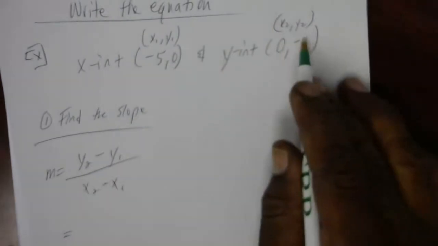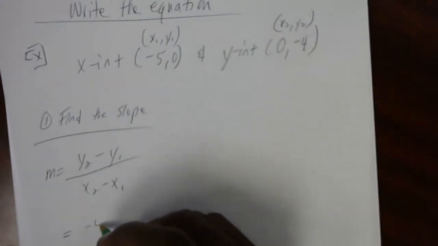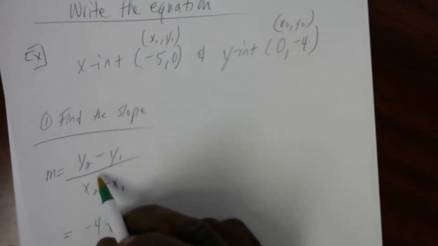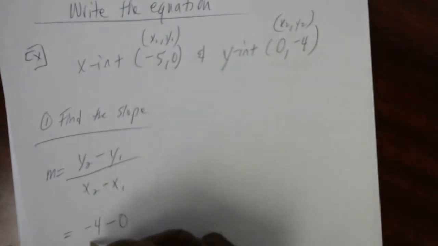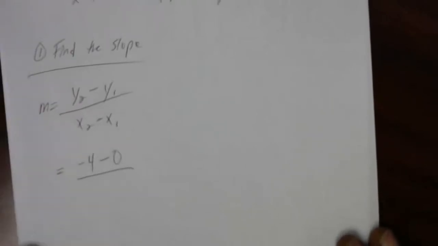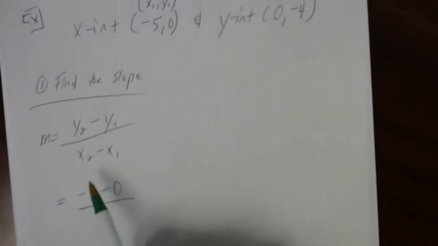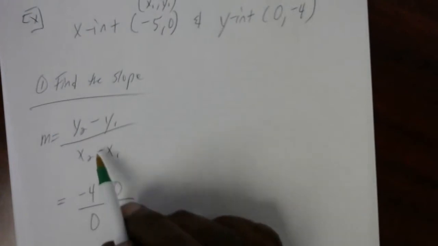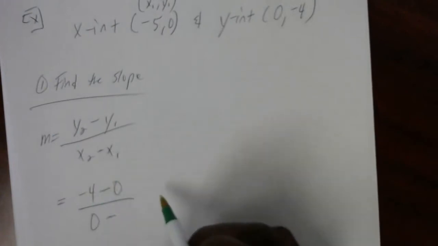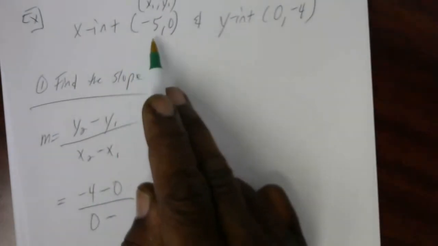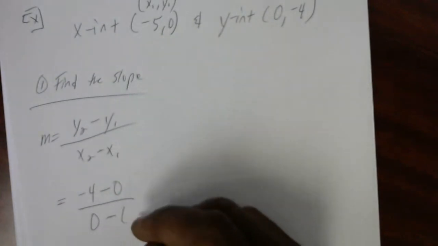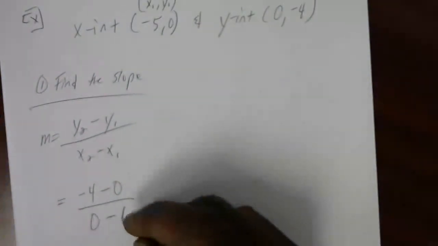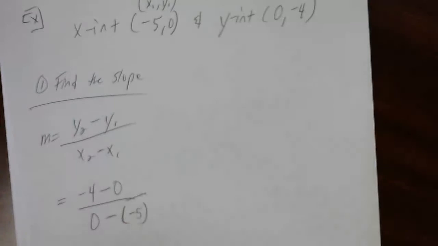So y sub 2 is -4 minus y sub 1, which is 0, divided by x sub 2, which is 0, minus x sub 1, which is -5.